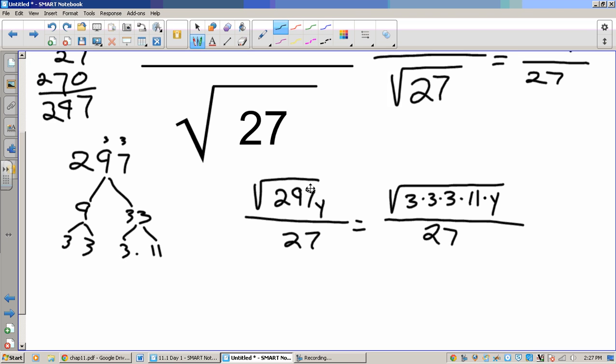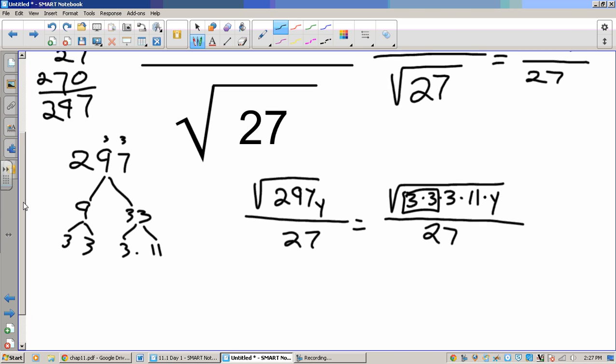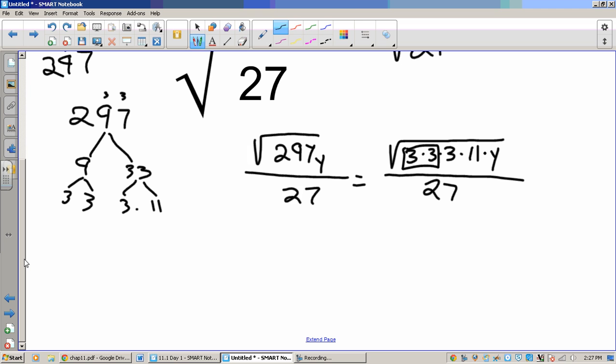In this case, we can pull out our pairs of 3 times 3. 3 times 3 is 9, we just talked about that. The square root of 9 is 3. So now this is going to be 3 over, and 3 times 11 times y is 33y over 27. Now you might think you're done there.